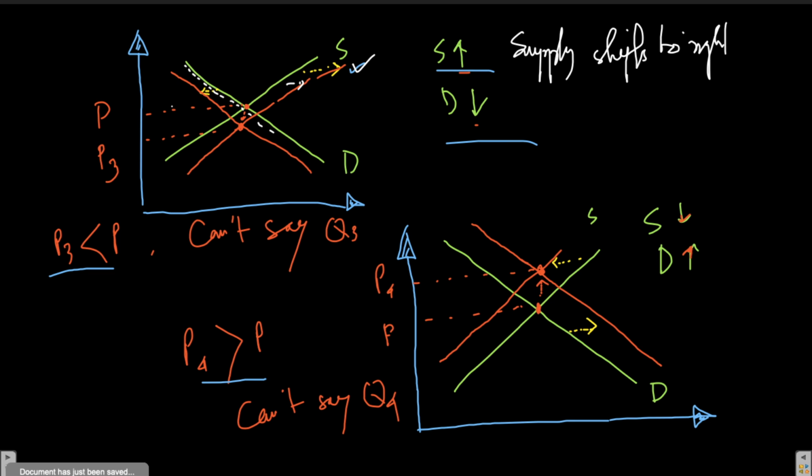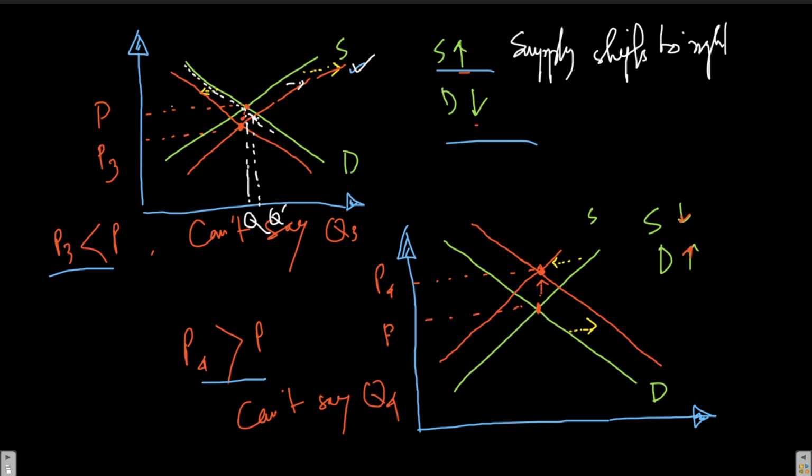I will get my new equilibrium point, and here I see the quantity is still going to be higher than my previous quantity. If my previous Q was here, my new Q, Q prime, is somewhere here, and it is more than the previous Q.